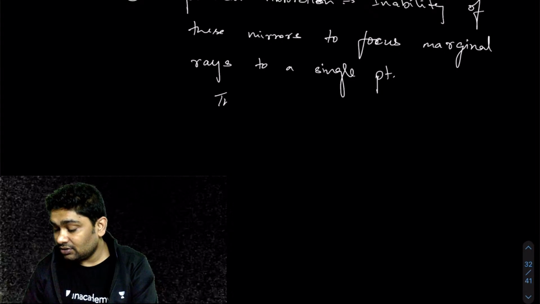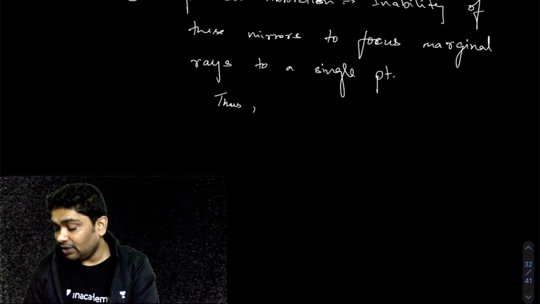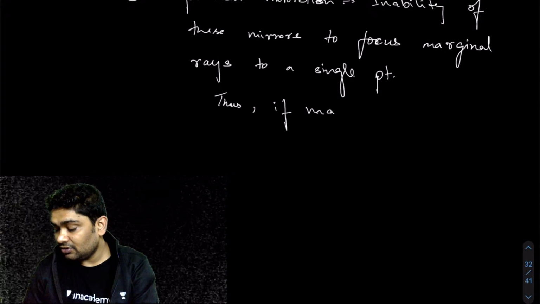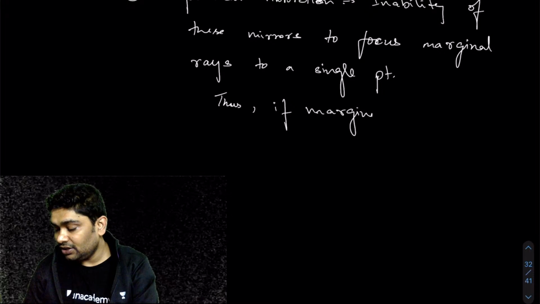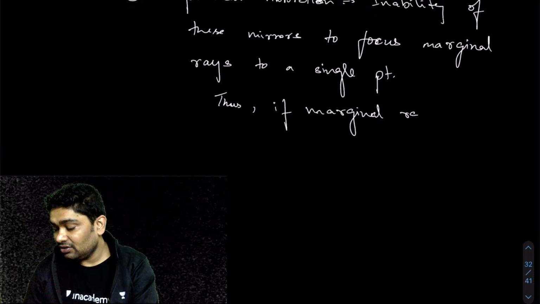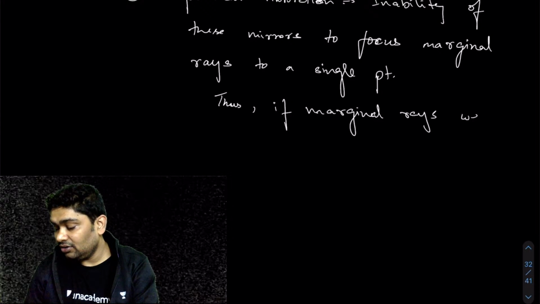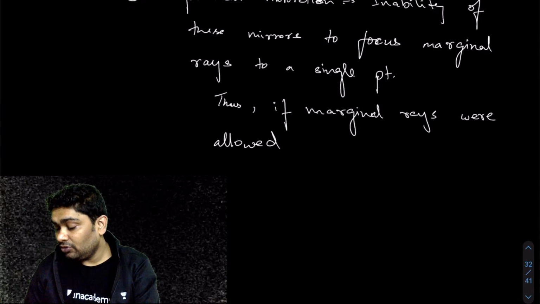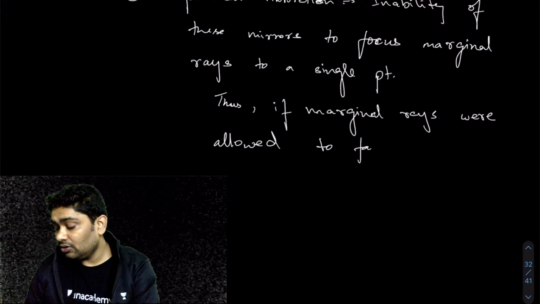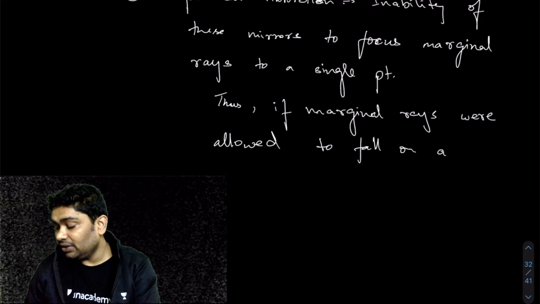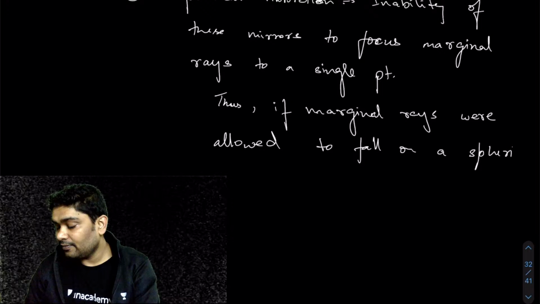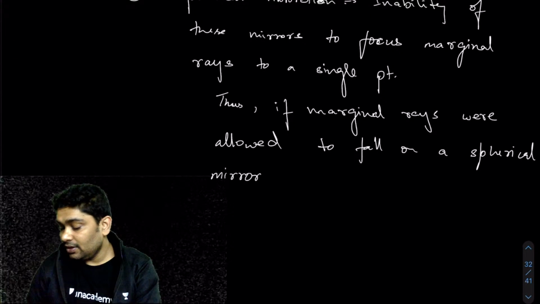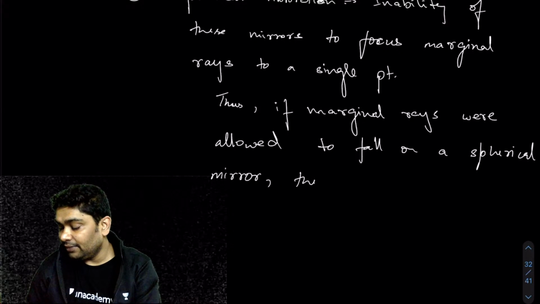Thus, if marginal rays were allowed to fall on a spherical mirror, the image obtained would be blurred.